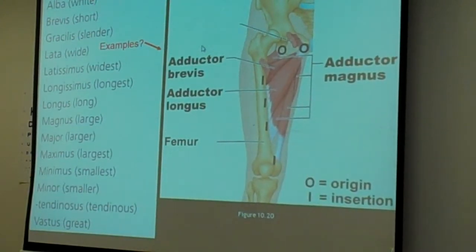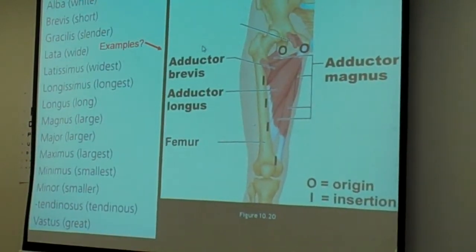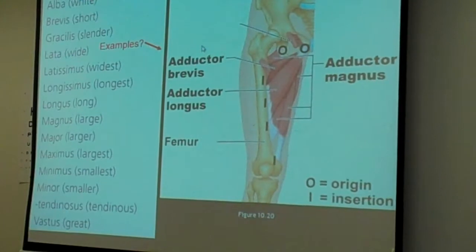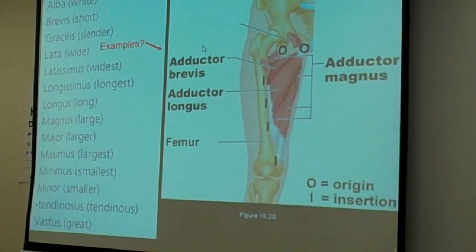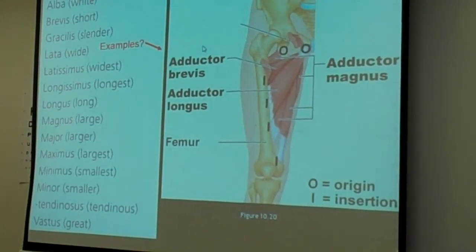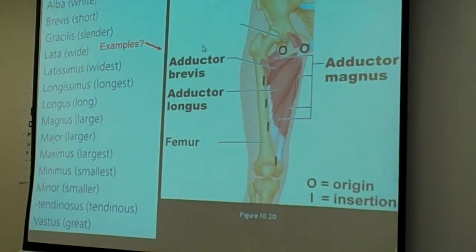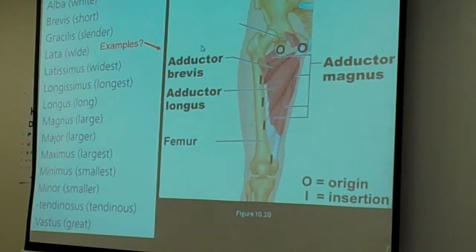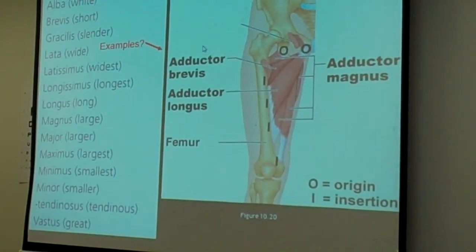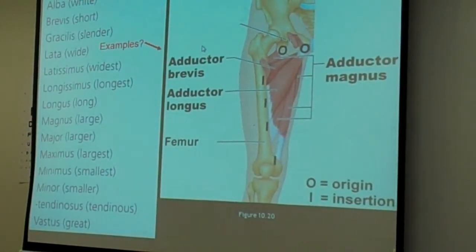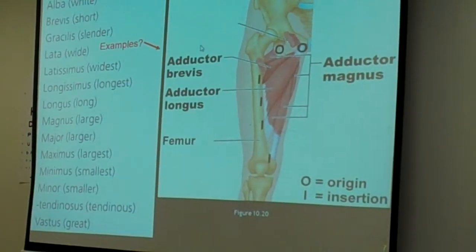So think of getting abducted, taken away from midline is abduction. Adding to the midline, adduction is returning, moving towards the midline. So you have these groups of muscles on either side of your hip that either bring your leg out, abduction, or back in, adduction.